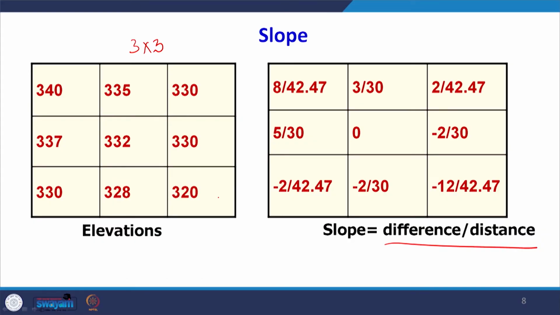Now we use the simple algorithm: difference in elevation between the 2 points divided by the distance. With respect to the central pixel, we carry out that exercise for all the 8 surrounding cells, and we get all the 8 values in the region. That is how the computation of the slope is done.